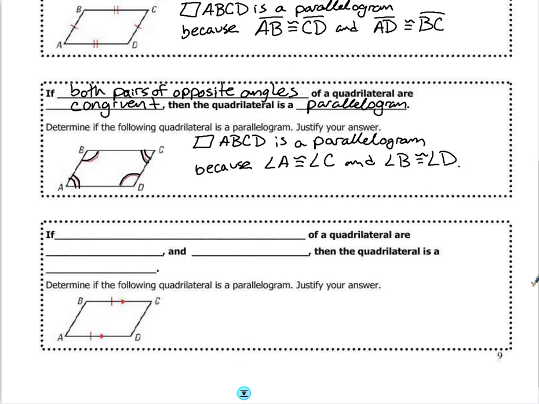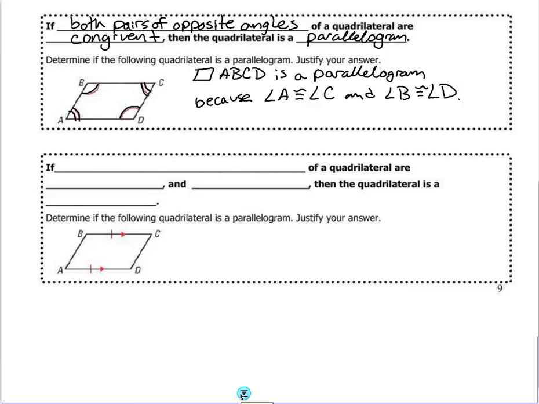The last one kind of ties in what we know about the angles and sides. We don't need to know every single thing about if both pairs of opposite sides are congruent or both pairs of opposite sides are parallel, if we can assume that if one pair of opposite sides of a quadrilateral are parallel and congruent, not both, just one pair.